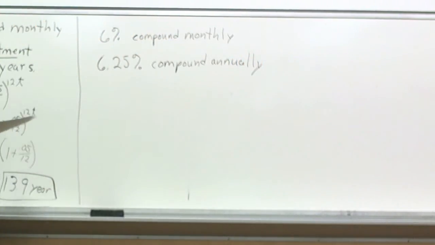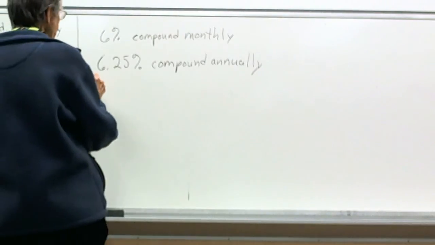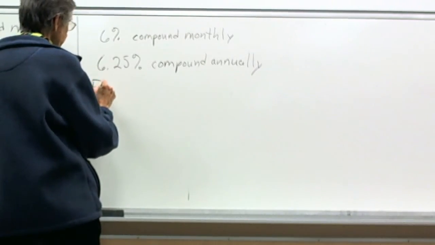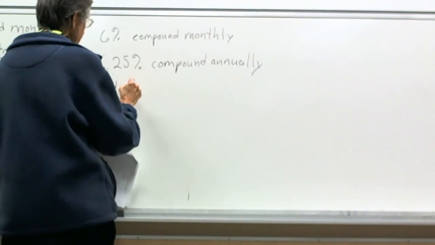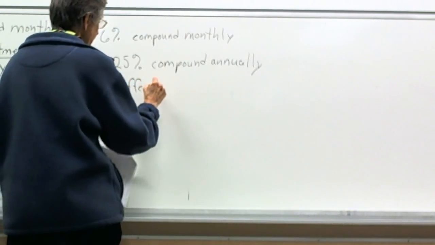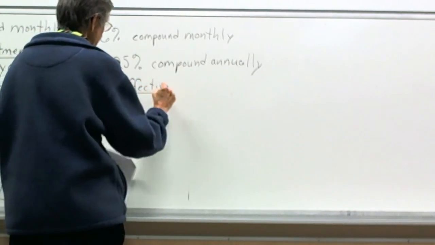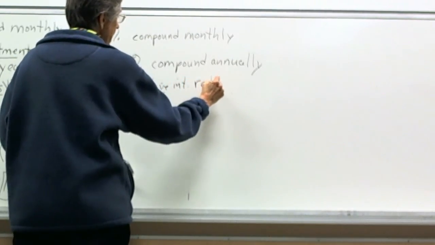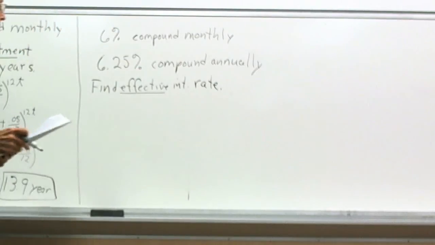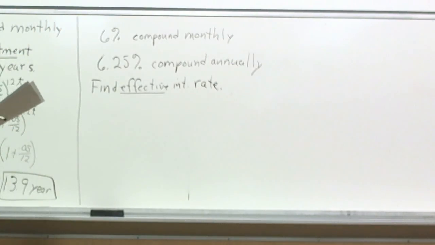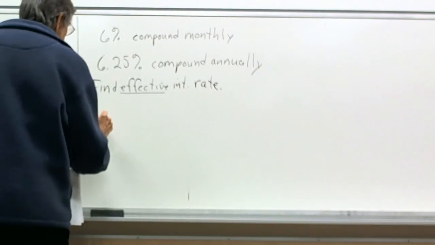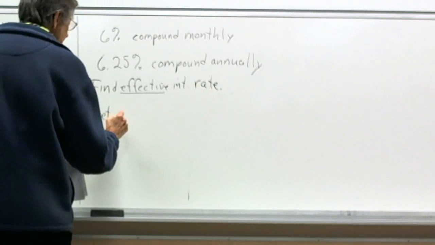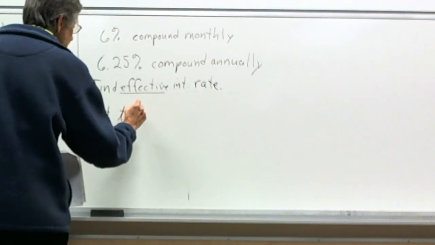Now, in order to compare which one might be the best investment, I'm going to find what's called the effective rate for each one of those opportunities. So again, in both of these opportunities, I'm going to let T equal 1 year.